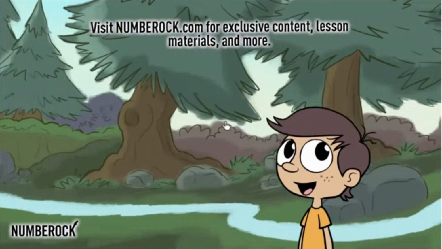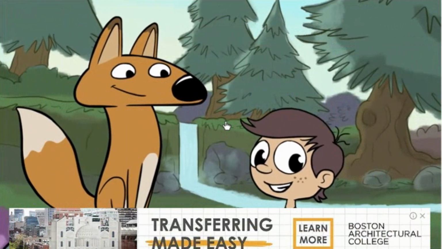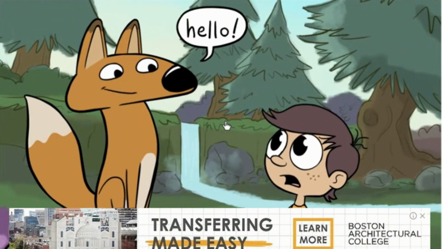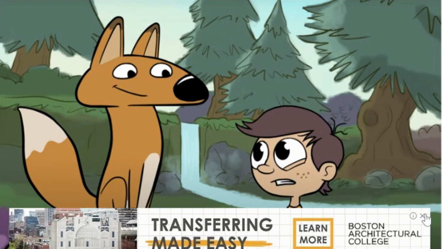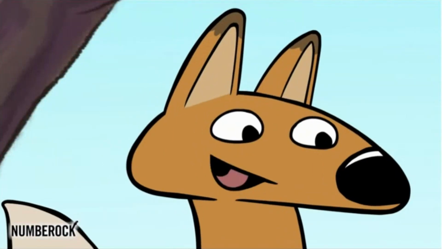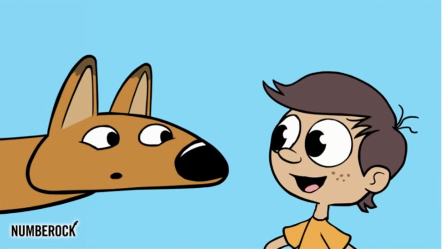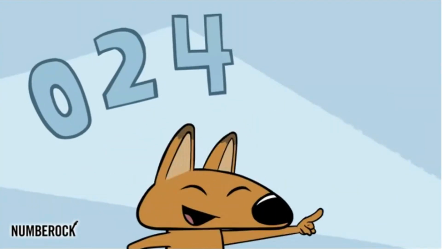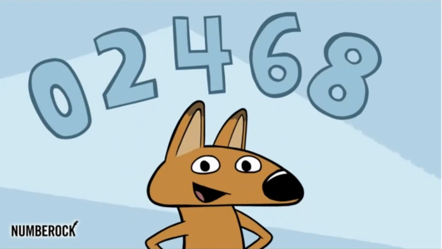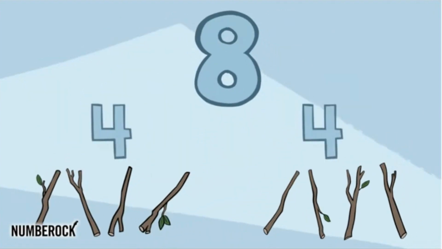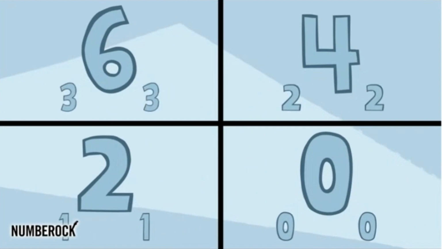I was exploring an enchanted wood. A wise fox started talking, I somehow understood. She asked, "Please, will you join me beneath this pine?" She whispered, "For you, even numbers I'll define. They are 0, 2, 4, 6, and 8. Even numbers all share one trait. You can split them down the middle. If they make pairs, you've solved the riddle.